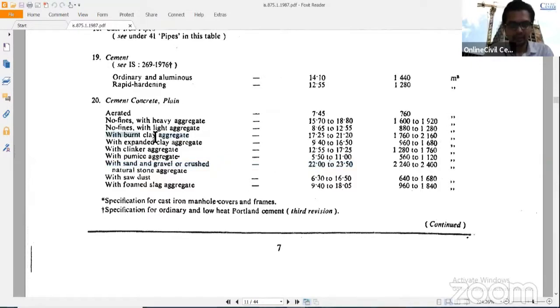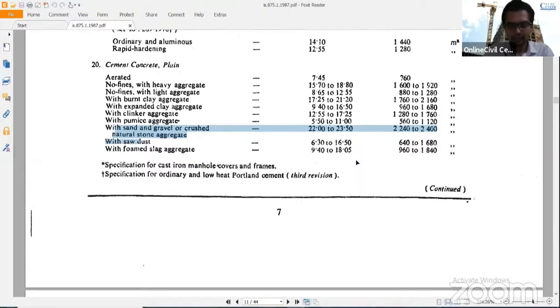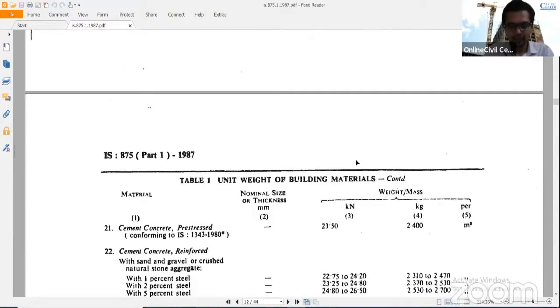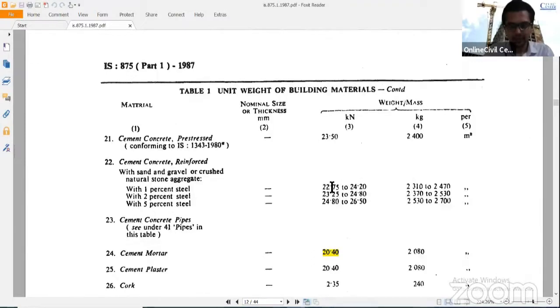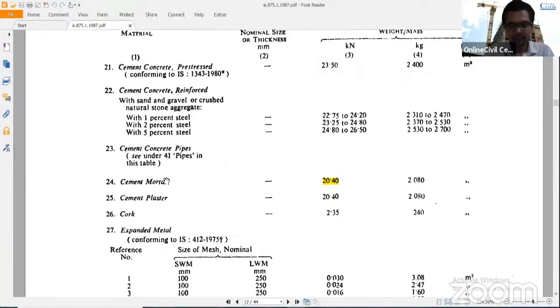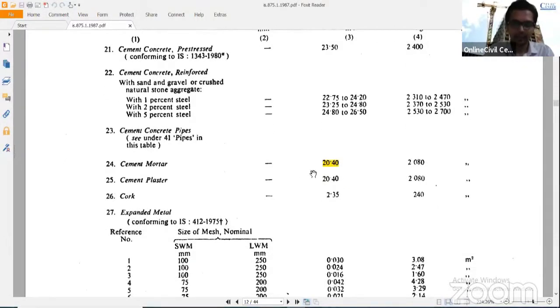If you use brick aggregate, then it will be this, and if you use sand and natural gravel stone aggregate, then the range will be between 22 to 23.5 kilonewton per meter cube. And let's see if we have anything else here. This is for the pre-stressed concrete. And now here the unit weight of cement mortar is given, which is 20.4. So we can take 20.4 or 20, for example.